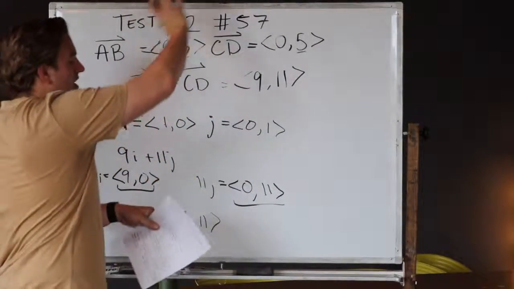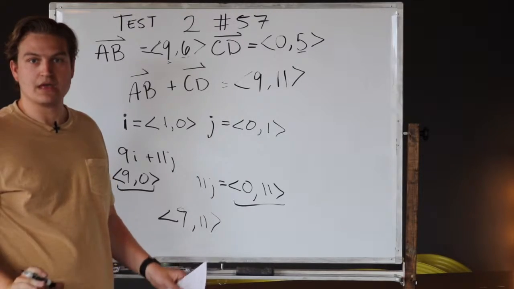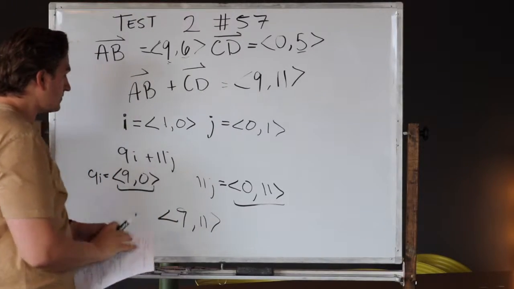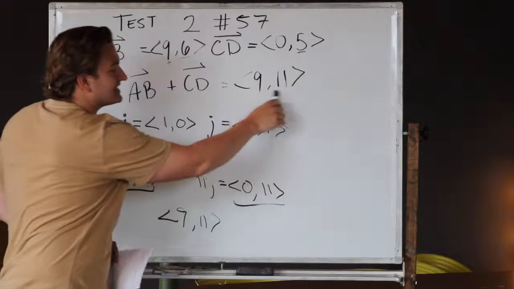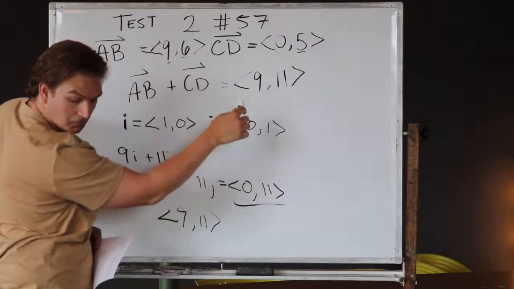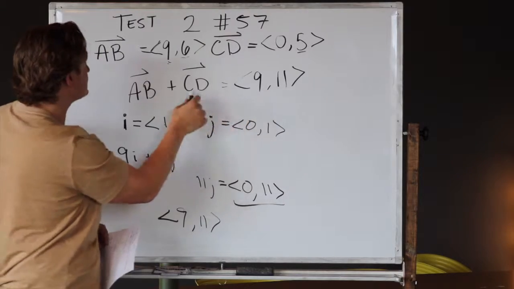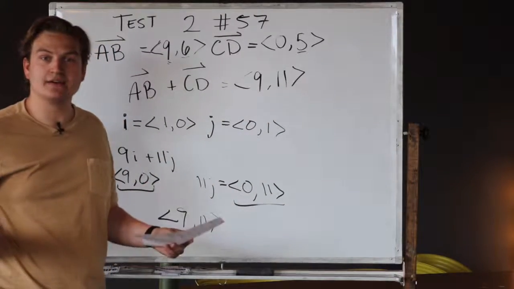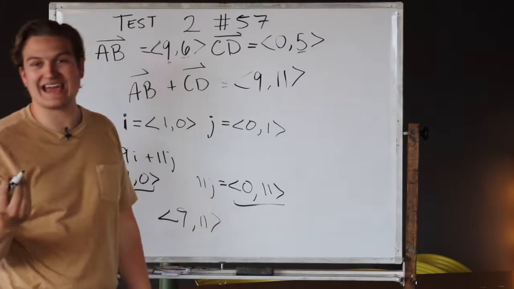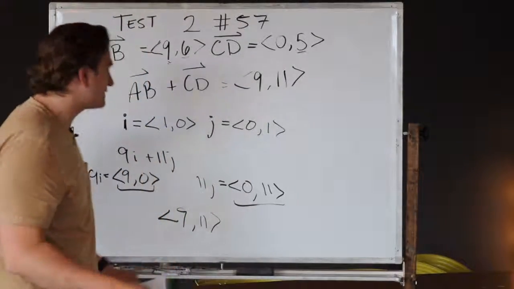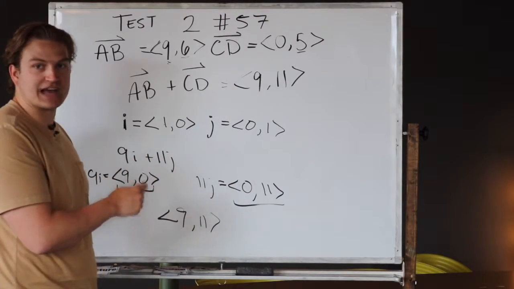So you can see this all goes in a big circle here. But the bottom line is, I say this to show you that this is the vector that we get when we add AB and CD together. But in order to put it in the form that the answer choices want, we have to use these unit vectors, i and j.